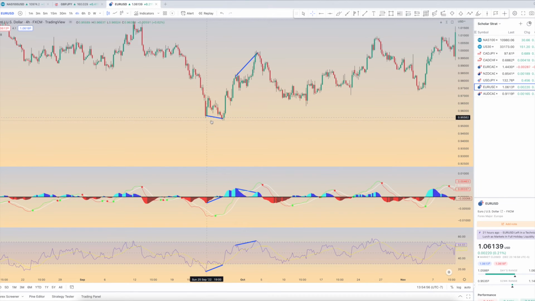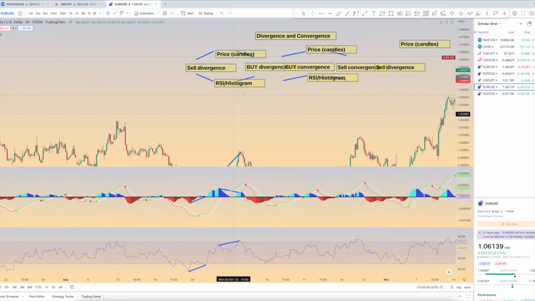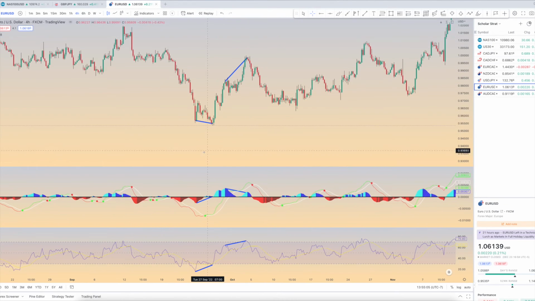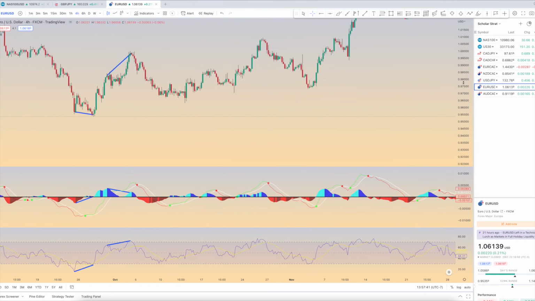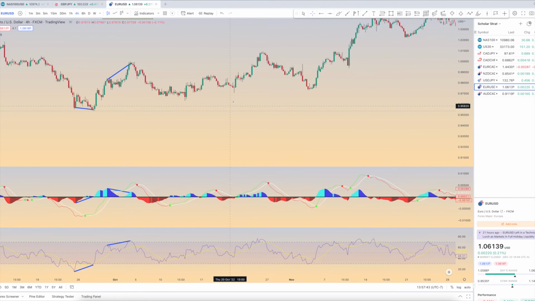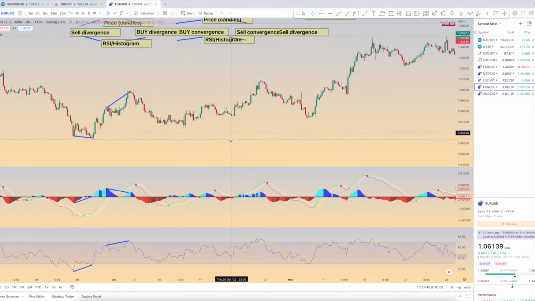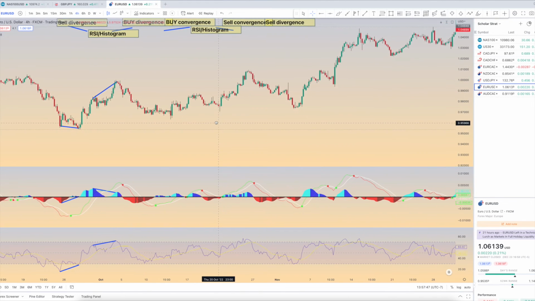And sure enough, what did we do? We went up. That is buyer's divergence, correct? Where that's going down and that's going up, going down, going up, right? That's this one right here. Okay, that's buyer's divergence.